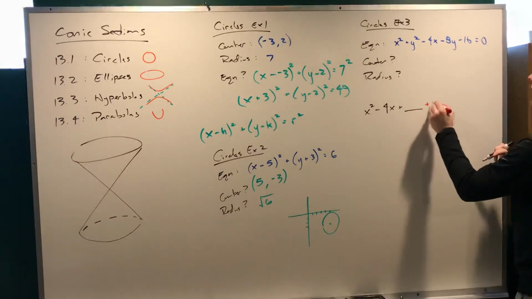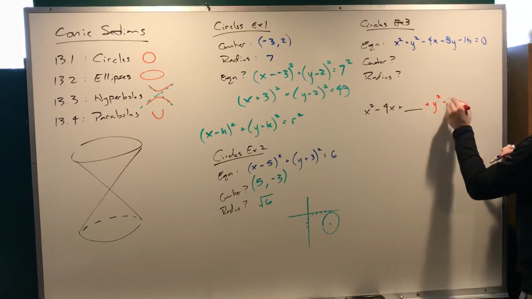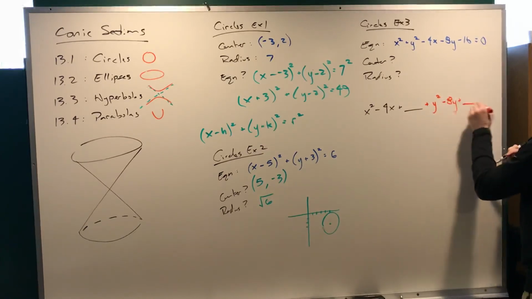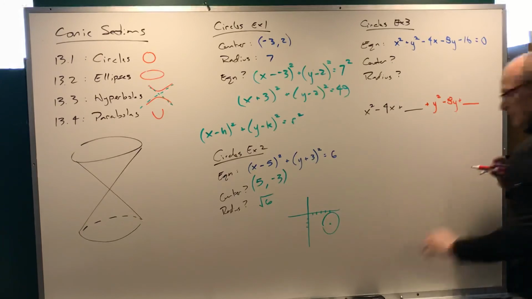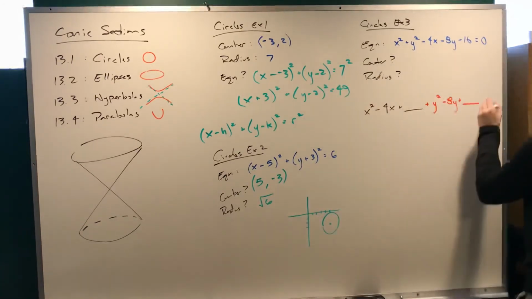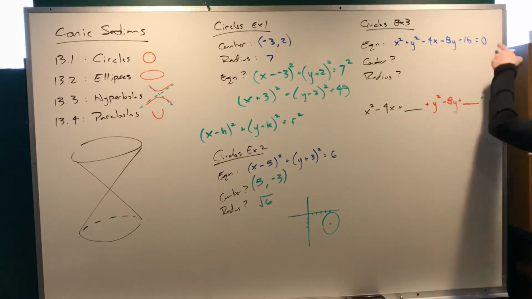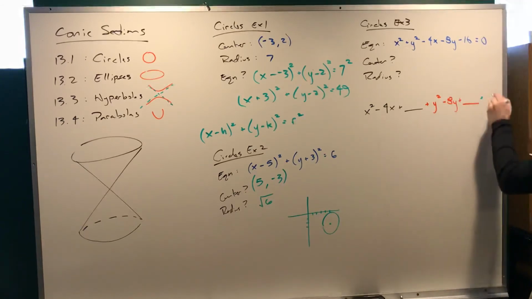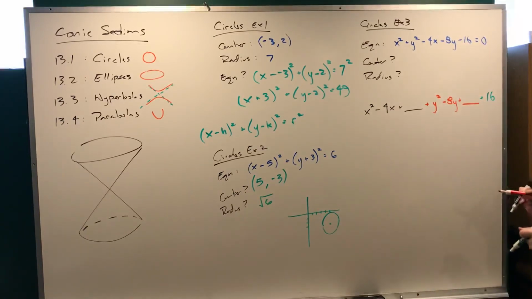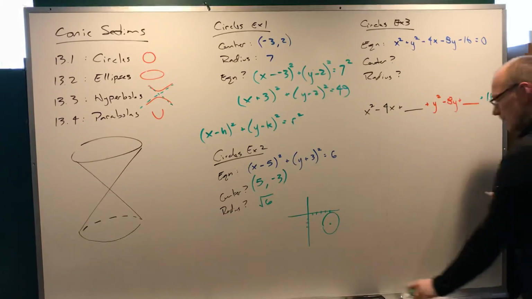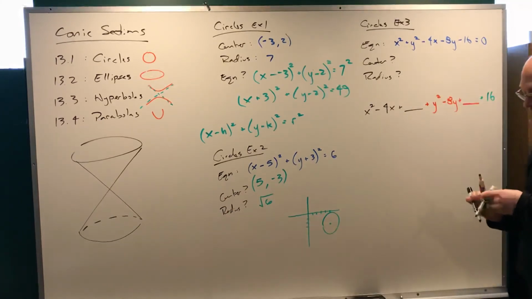And then plus y squared minus 8y, leave some room. And that's going to equal, I'm going to move my minus 16 and add 16 to both sides, so I have equals 16.